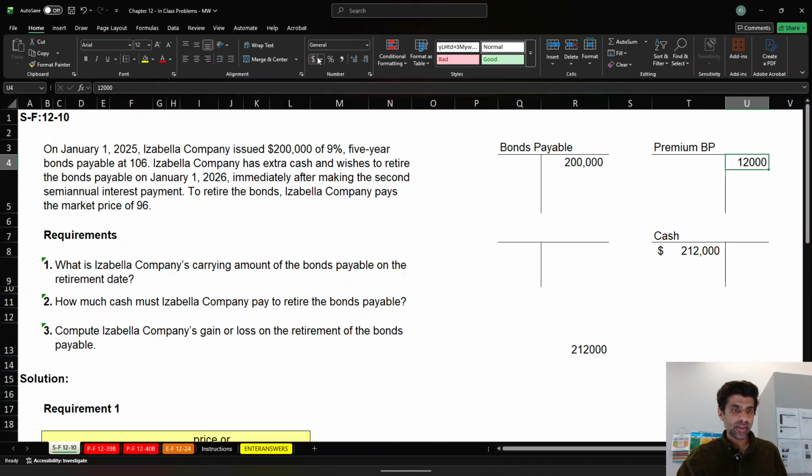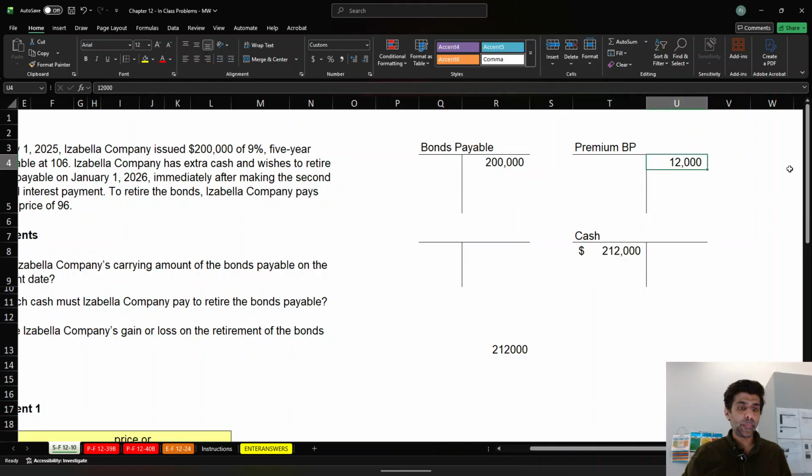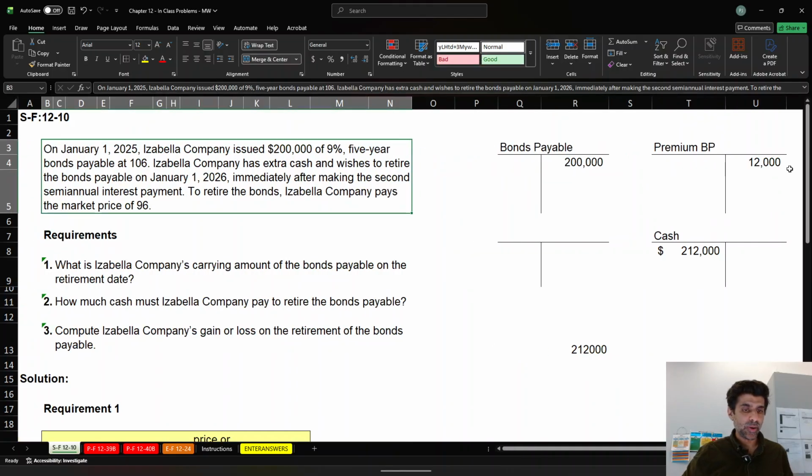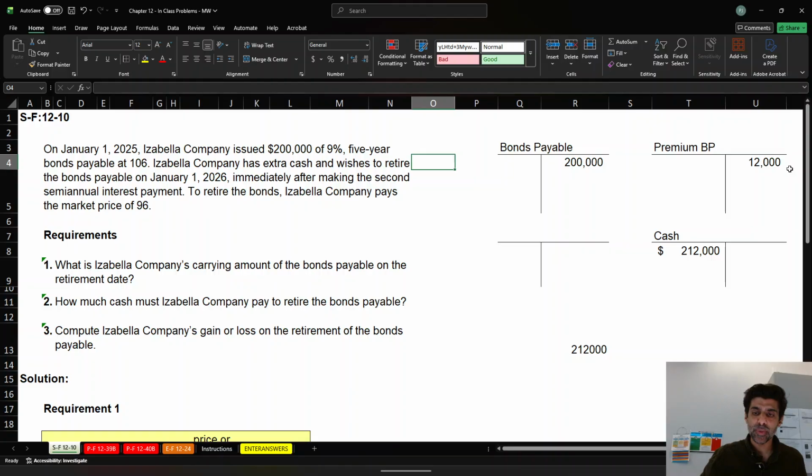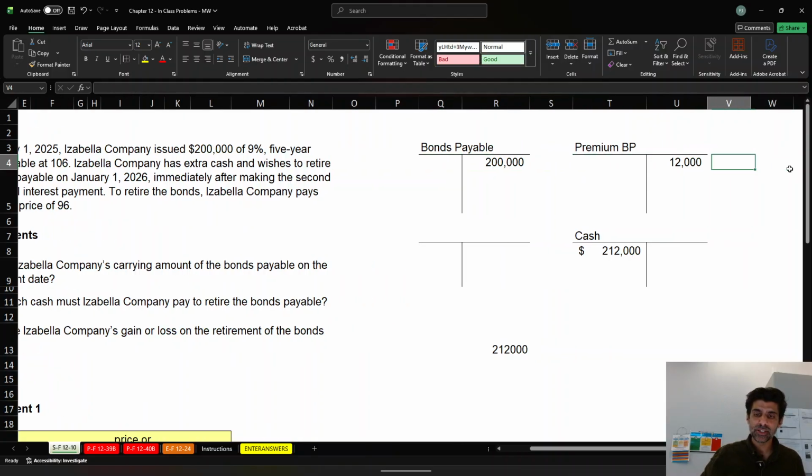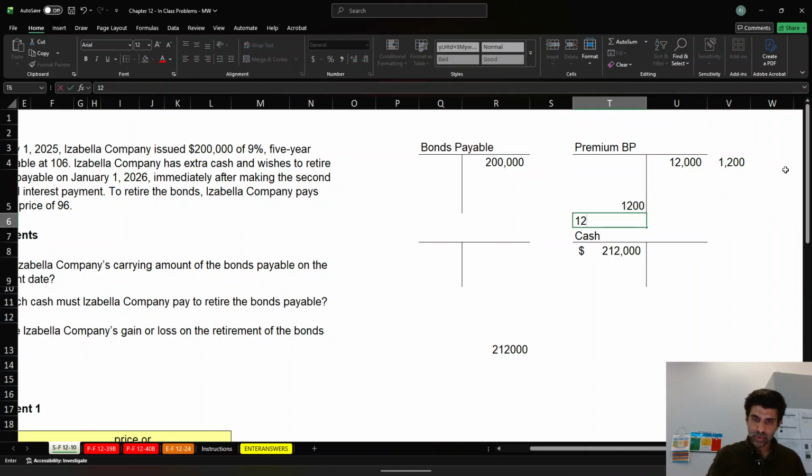So at issuance, these are our balances. Now it's saying that we made 2 semi-annual payments. So what is the per payment amortization? It's a 5-year bond, making semi-annual interest payments. So per payment, how much was the amortization? This divided by 10, because 5 years, 2 payments a year. So basically we had 2 debits here, 1,200.